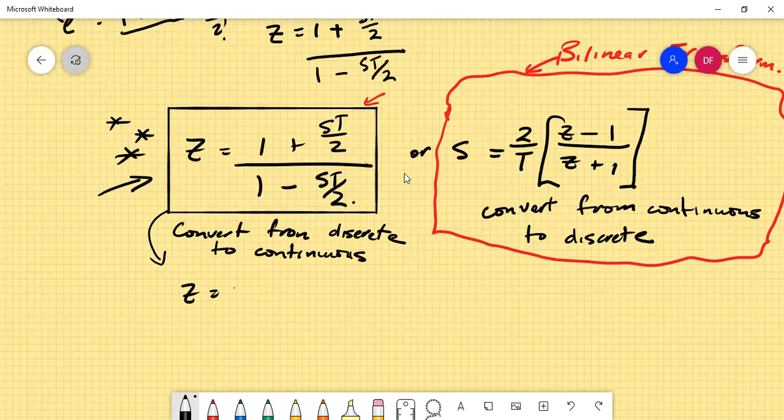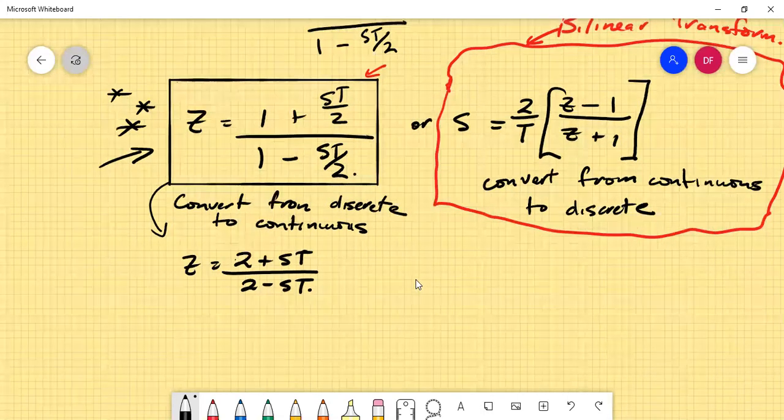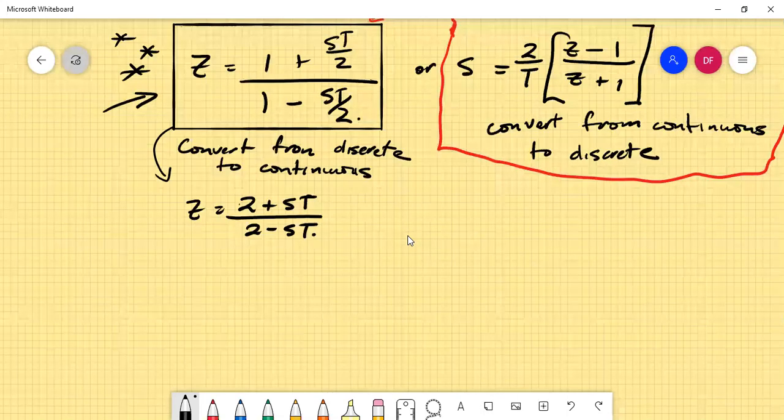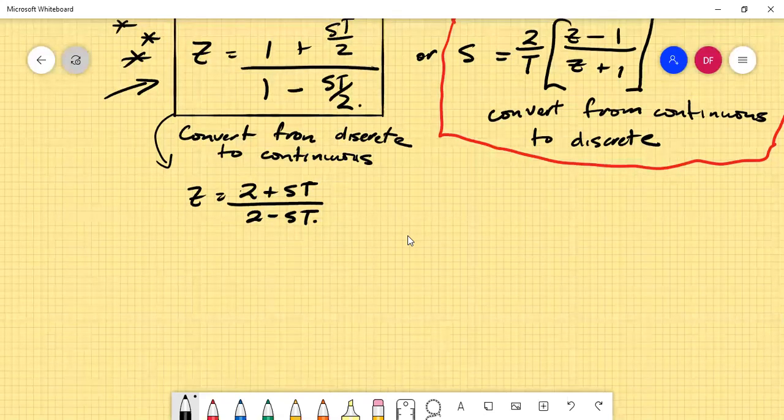Again, so we can write it as 2 plus st over 2 minus st. All right. What we're not really concerned with is how you get it. We are concerned with how you use it. So let's give an example.